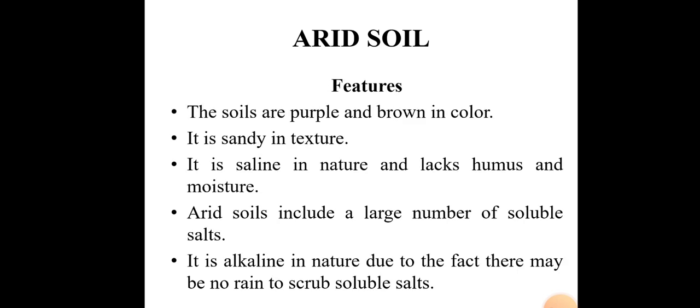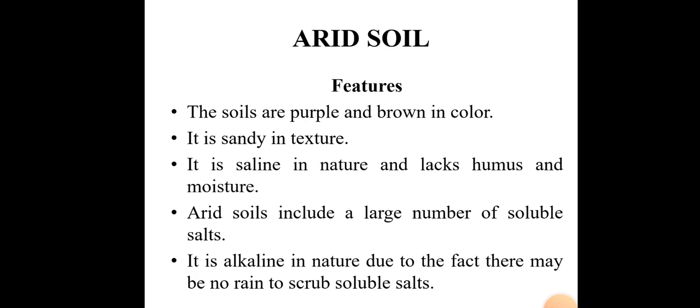Next is arid soil. The other name of arid soil is desert soil. The soil is found in desert areas and is sandy in nature, brown in color, saline, and low in humus and moisture. Arid soil includes a large number of soluble salts.